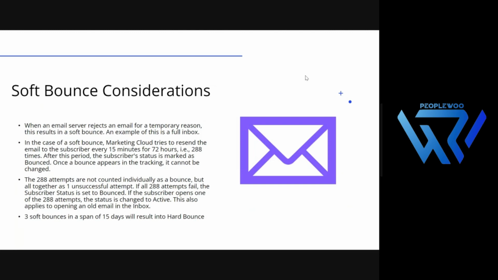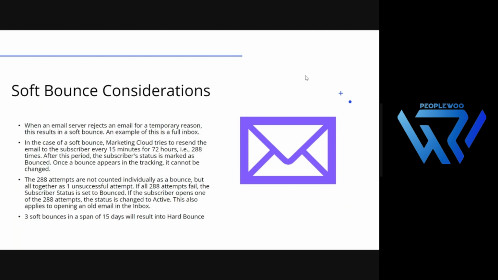One time you send an email, and if the email gets bounced due to a temporary reason, at the first attempt it is not calculated as one soft bounce. The system tries to make 288 attempts in the next 72 hours. Then if it understands all the attempts failed, it will mark one bounce count.